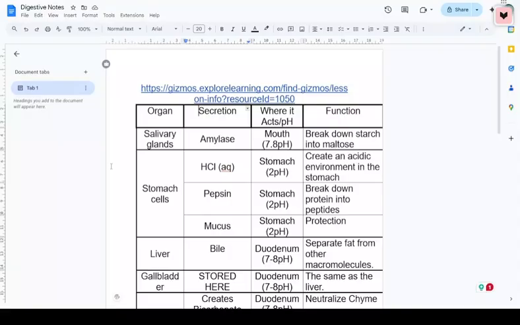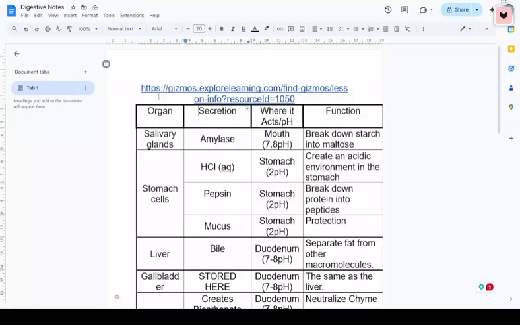And now let's talk about bile. Fats are stupidly hard to break down, so we have this special thing for fats, and that is bile. The liver produces bile. However, the liver is an accessory organ, so it only produces bile. It doesn't actually use it directly. The bile is then going to get into the duodenum, which is part of the small intestine, and the small intestine is the one doing the absorption and all of that.